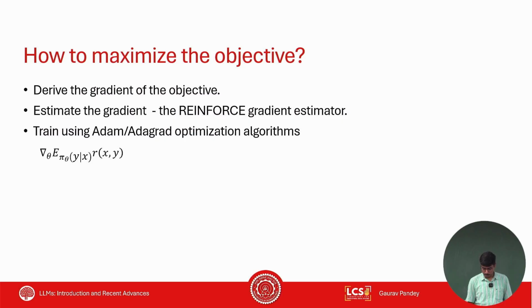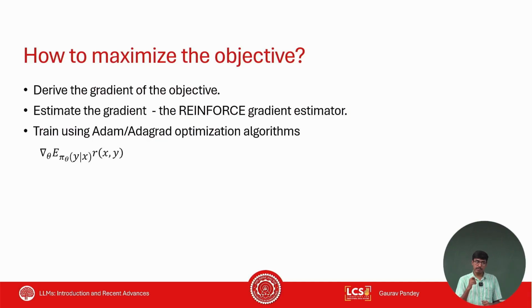Okay, so we have the maximization objective. How do we go about maximizing it? When you have anything that you want to optimize, since I cannot do a differentiable backward pass end to end, the first thing to do is to compute the gradient. The gradient estimate of this objective is called the REINFORCE gradient estimate.